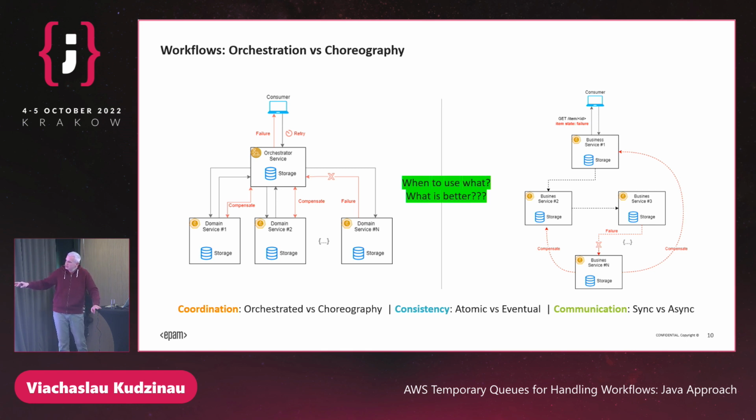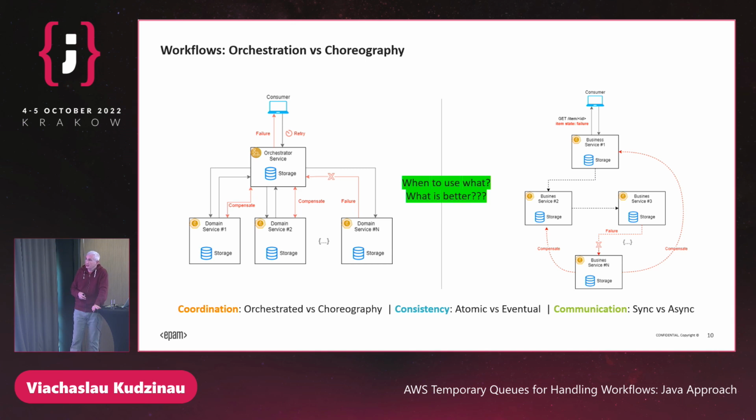So it seems a bit simpler, this one, but in reality, this one is harder to do than that one. And it really depends on the size of the workflow, and it really depends on the scalability requirements you might have.